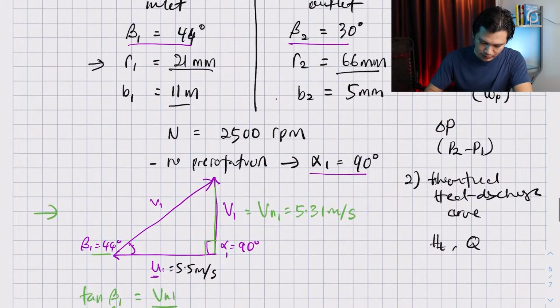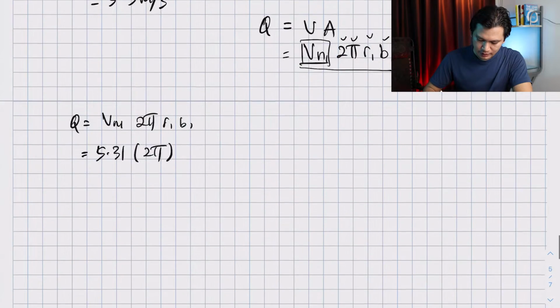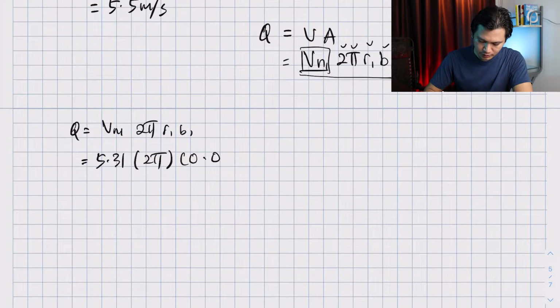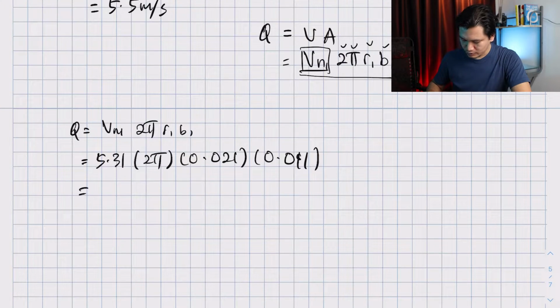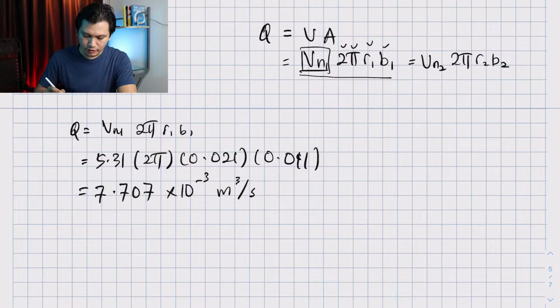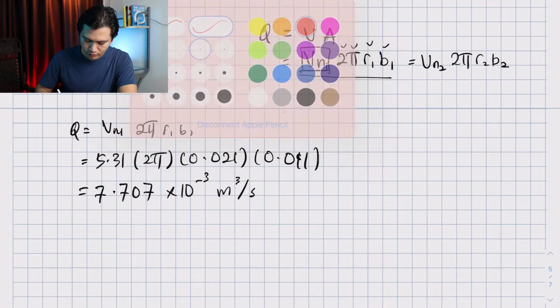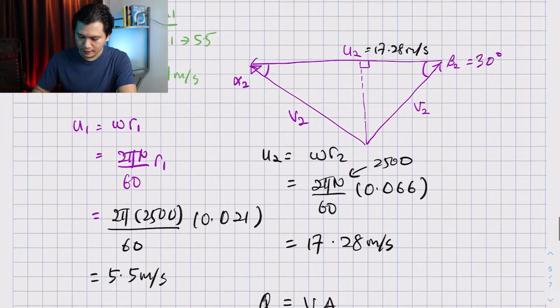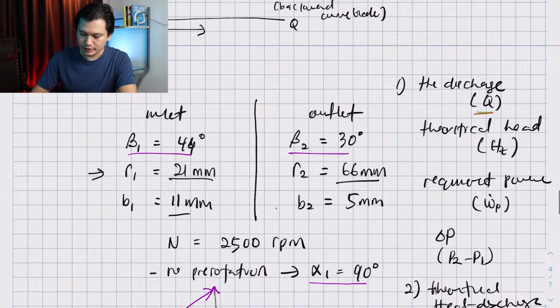So this is 0.021 times 0.011, and you will end up with Q of 7.707 times 10 to the power of minus 3. The unit will be meter cube per second. So basically you already have the answer for this question.